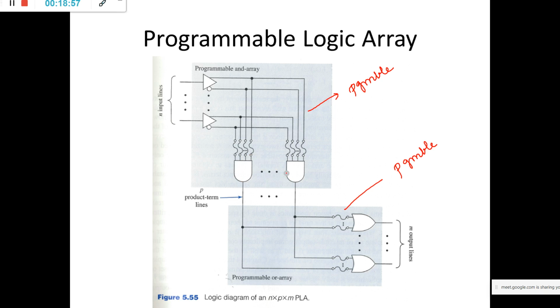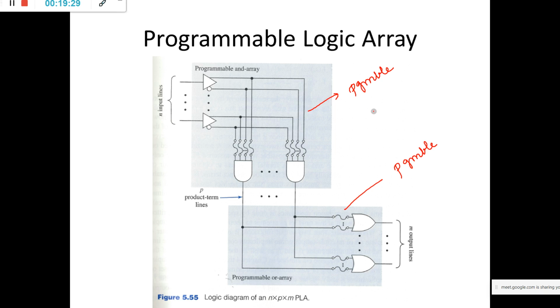That means, because both arrays are programmable, we can somehow minimize the expressions. Whereas in PROM, whatever product terms were generated, those only we used to connect using a cross mark and realize the functions F1 and F2. Whereas in programmable logic array, both are programmable, so we have more flexibility.